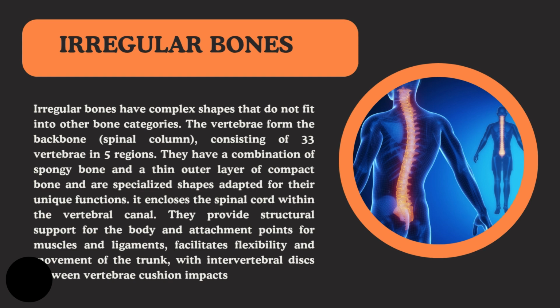And they have attachment points for muscles and ligaments, and facilitate flexibility and movement of the trunk, with intervertebral discs between vertebrae cushioning impacts. This is a hugely wonderful structure, but at the same time, anything that slightly goes wrong with the spine and the spinal cord can have a really severe impact.